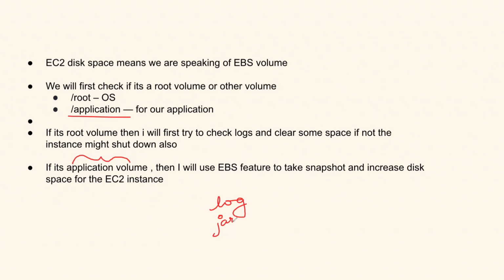And because it is an application volume, we can play around a bit with it using some EBS features. So the first and foremost step is to take a snapshot. And after that, we increase the space of the EBS volume, that is, the EBS volume associated with the application volume.